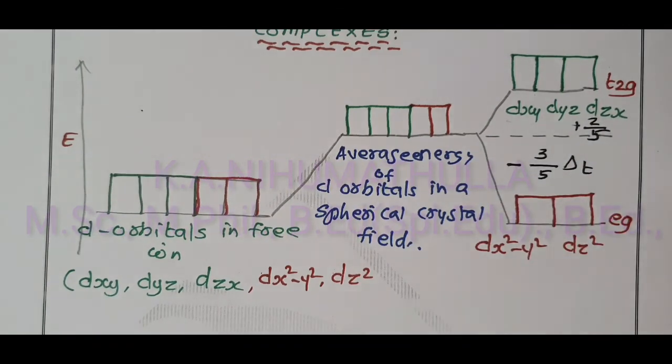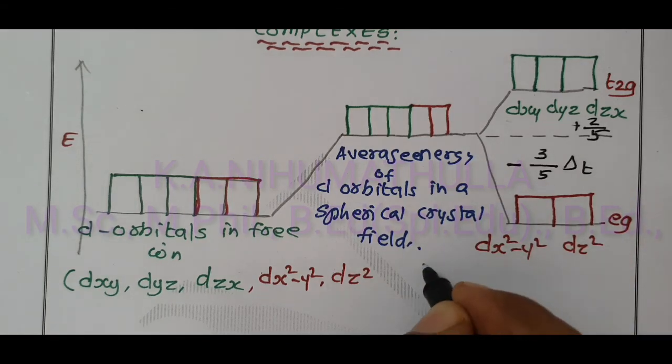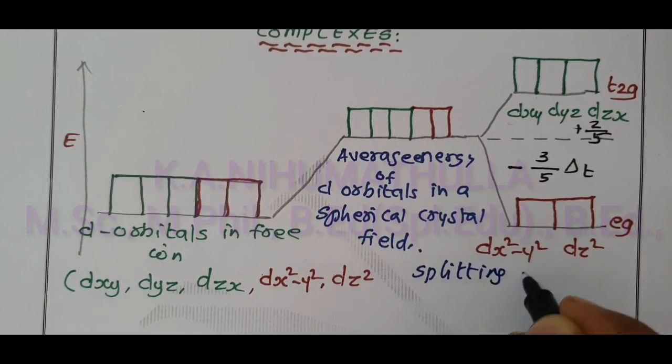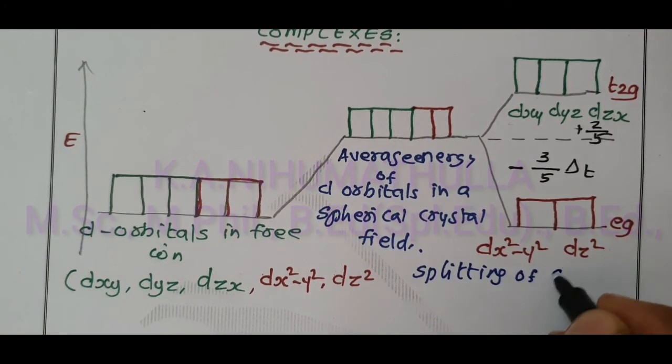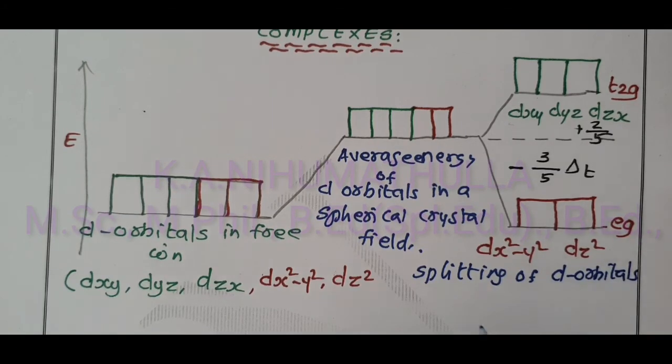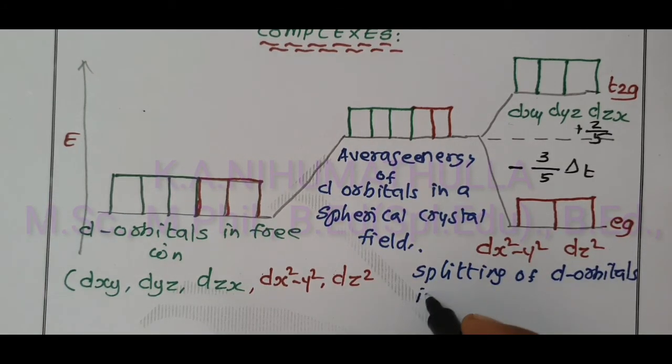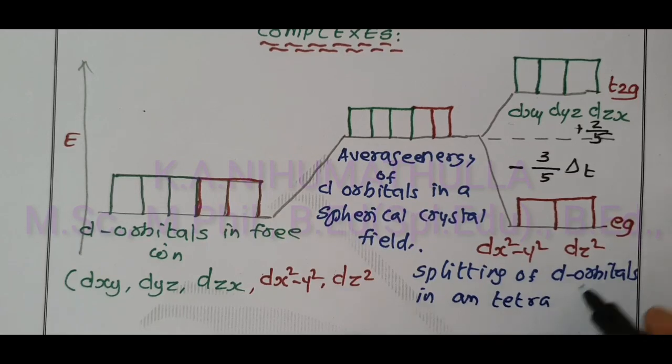And this last column is the splitting of which orbitals? D orbitals. The 5 d orbitals undergo splitting in a tetrahedral crystal field.